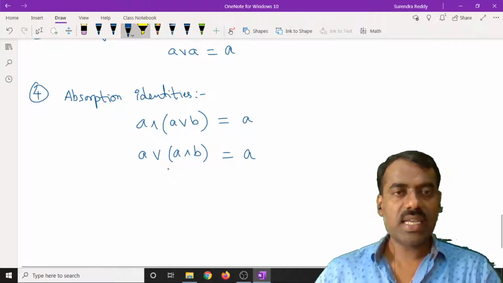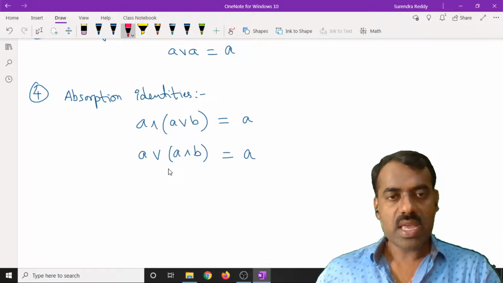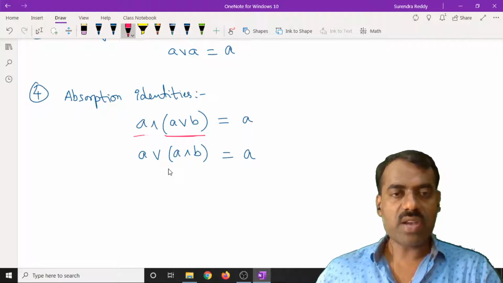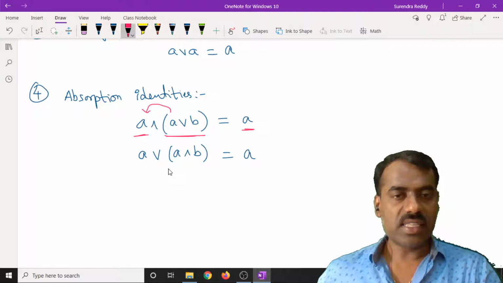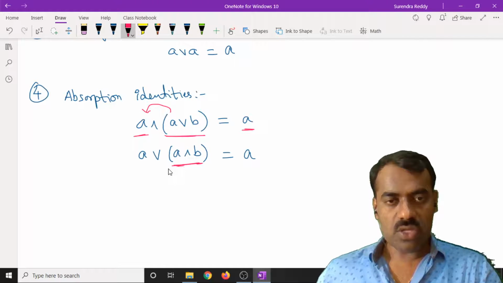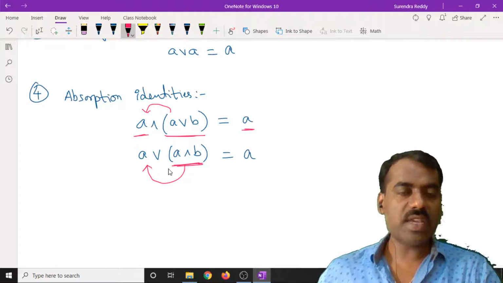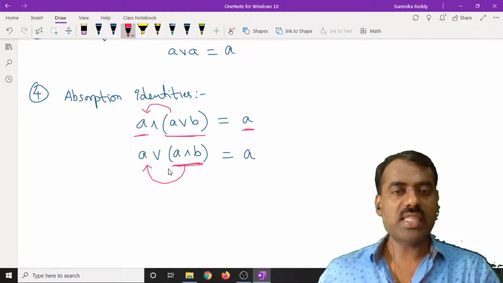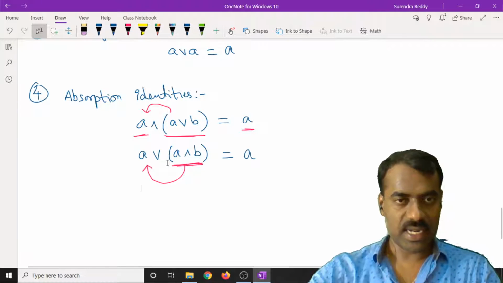You can see that here, this A join B, when you are trying to meet with A, it absorbs in this only. You won't get anything new, you are getting A only. Similarly, when you try to join A meet B, which is a smaller one, with the bigger one, then also you don't get anything. So this absorbs in this. That's why these two are called absorption identities.